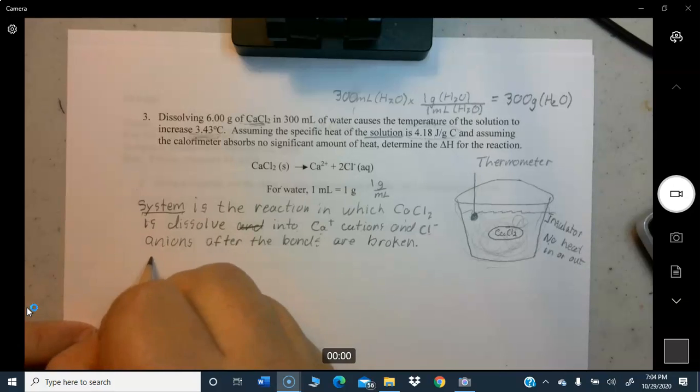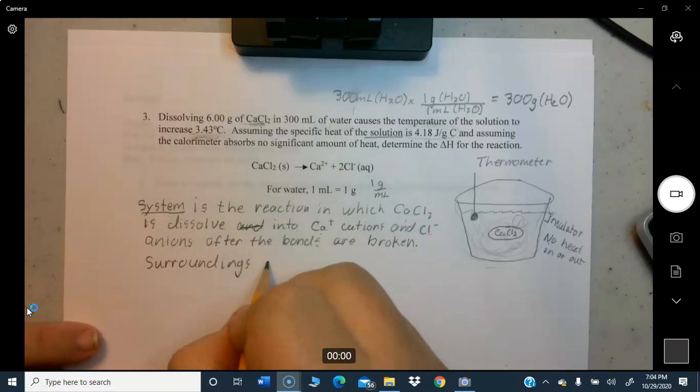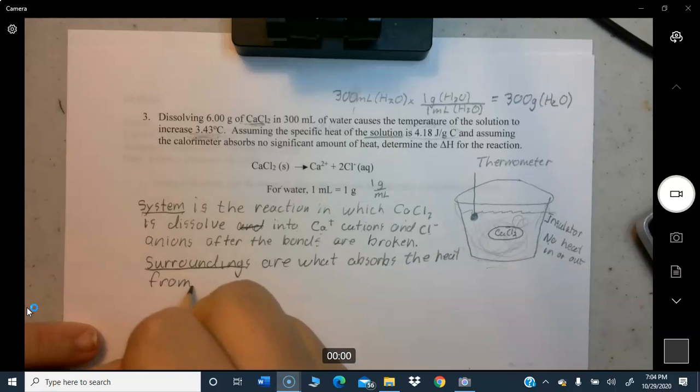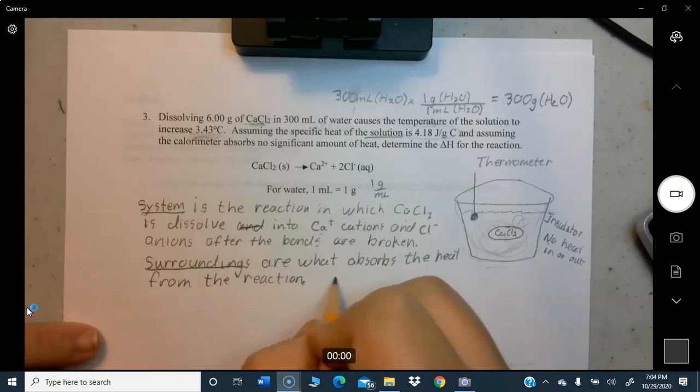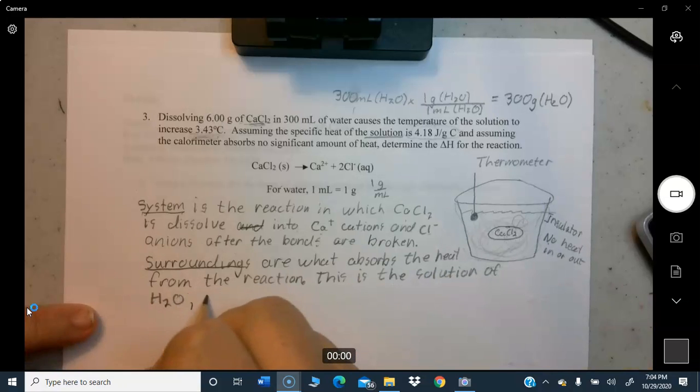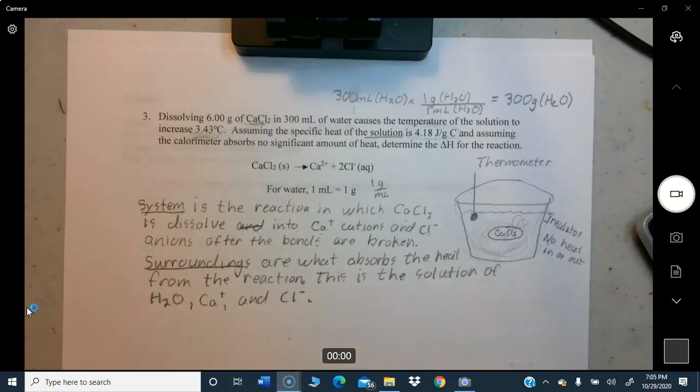Now the surroundings. Okay, so the surroundings is where is that heat going to go, and where it's going to go is it's going to go into the solution, which is the water, those dissolved calcium ions, and the dissolved chloride ions.